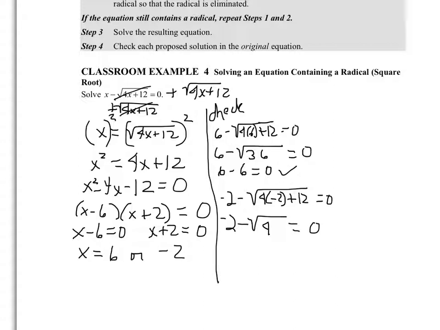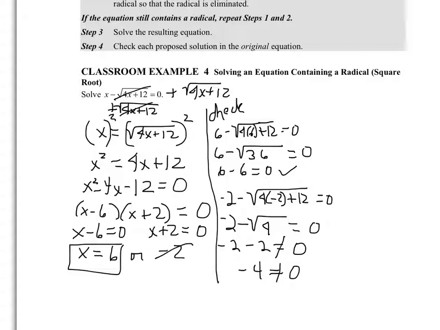And remember, because the radical is there, it's asking me for the positive or the principal root, so that would be negative 2 minus the square root of 4, which is 2. That does not equal 0. That's a negative 4. That tells me negative 2 is not a solution, only 6 is. And I won't know that unless I actually plug in and I check it.